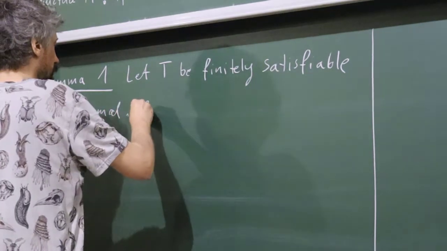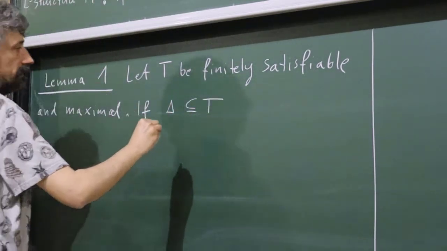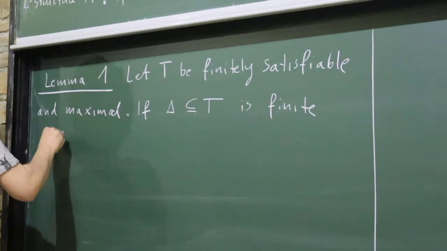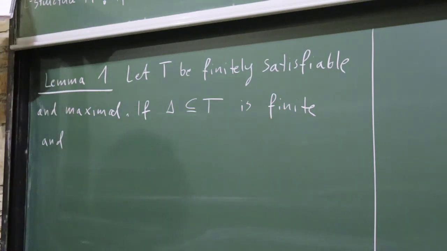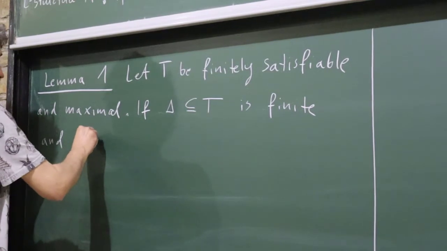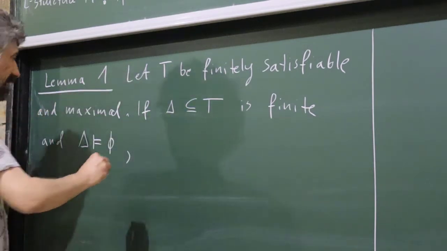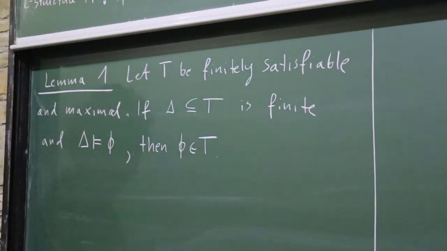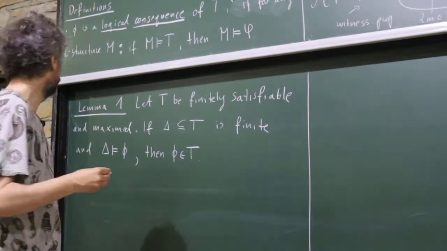Then, if we have a finite subtheory, and this finite subset of the theory has phi as a logical consequence, then this phi must be in T. It doesn't look strange, but it's really connecting two different things so far: this property and really belonging, being a part of the theory.